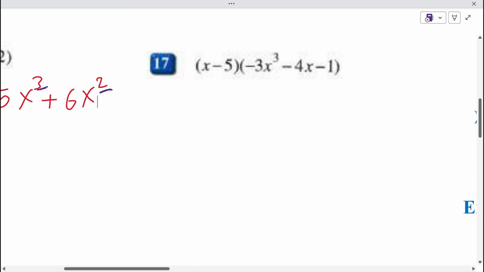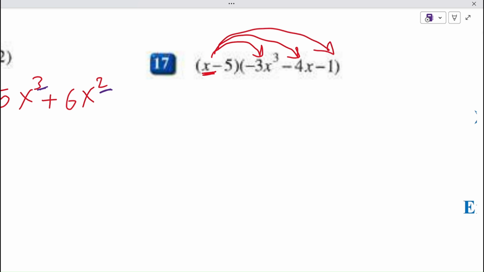Here we have two terms outside the bracket. At first, just multiply the first term by all the terms inside this bracket. Okay, let's multiply it. x times negative 3x to the power 3 is equal to negative 3x to the power 4, because here we have 1 plus 3 is equal to 4.